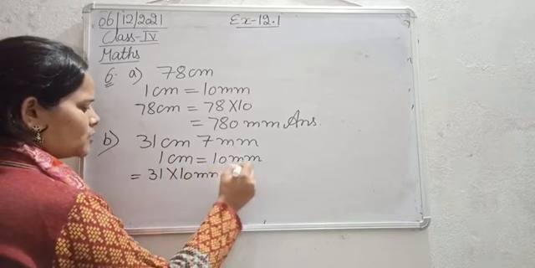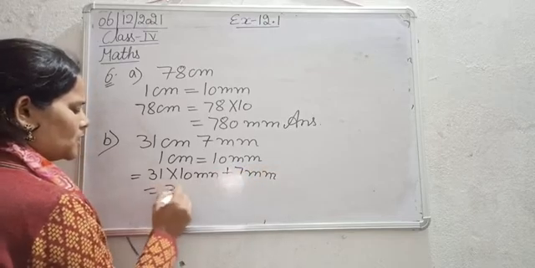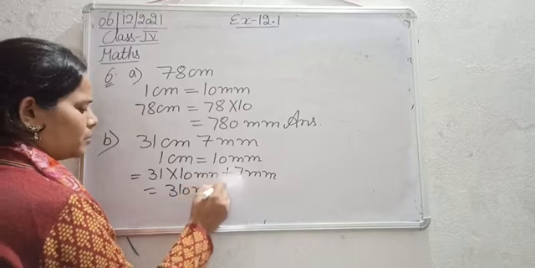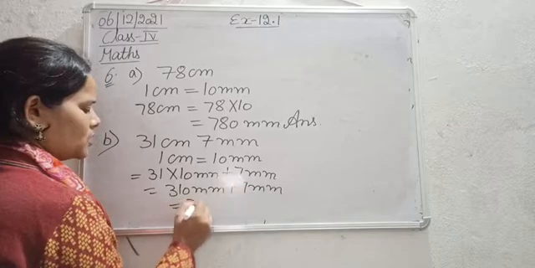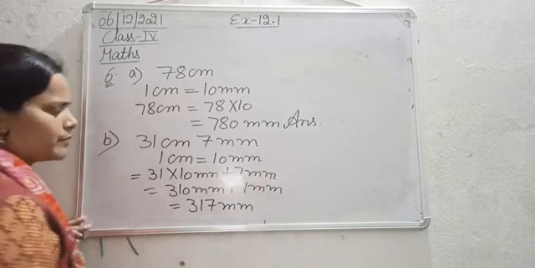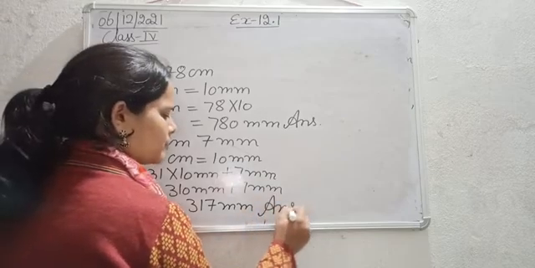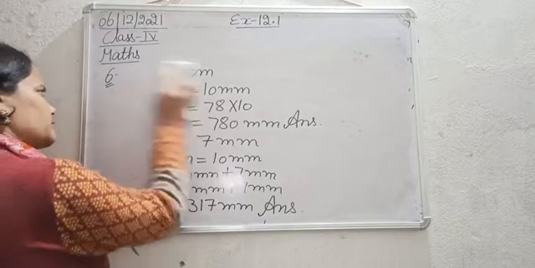The 7 is already in millimeter, so we will write it as it is. This is 310 millimeter plus 7 millimeter, which is 317 millimeter. And this is the answer. So this is the solution for the A and the B part of question number 6. You can pause it here and note it down in your notebooks. Moving next to the C part.